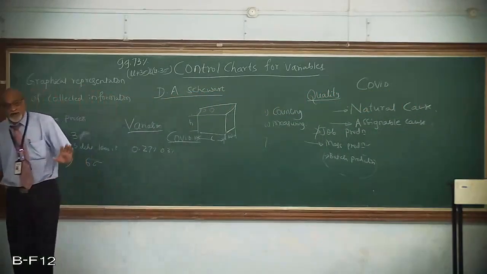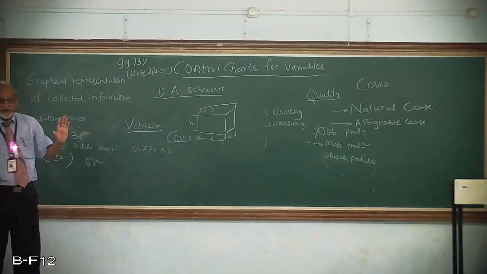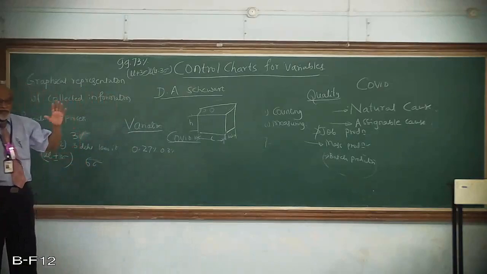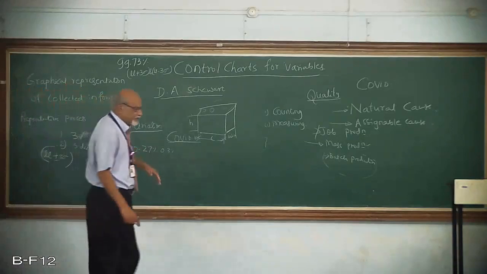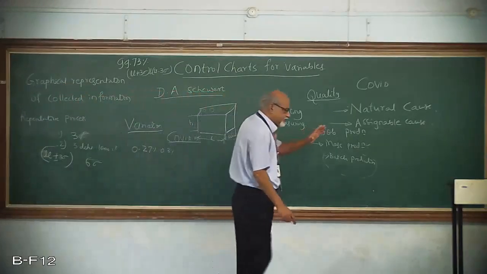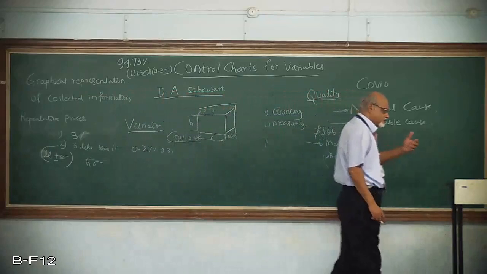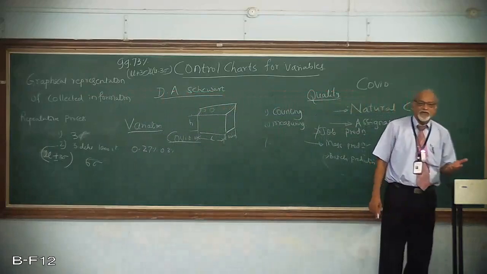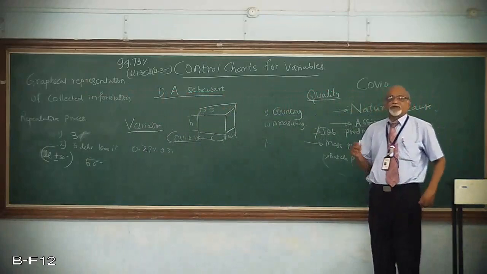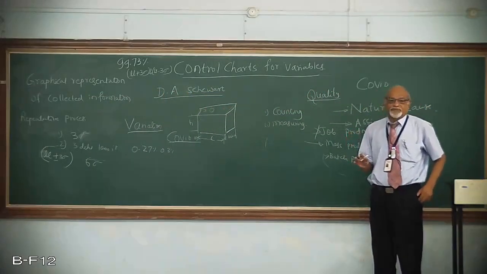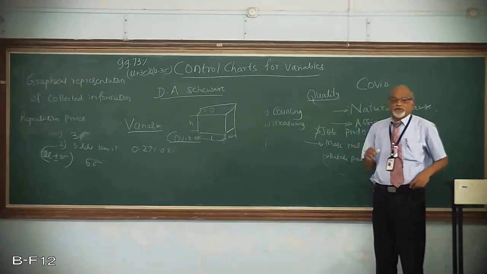We started with 3%, then passed through the 3 sigma limit, and now we are in the 6 sigma limit, where 3 defectives out of 10 lakhs means almost zero defect. That means whatever we manufacture is all good. How could it be achieved?